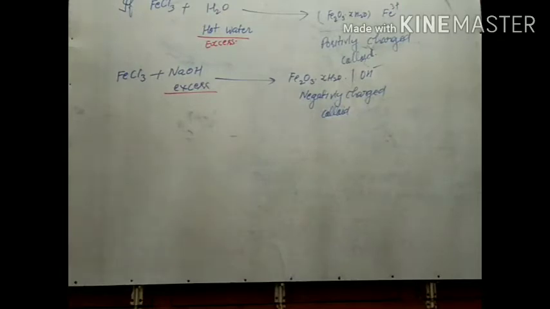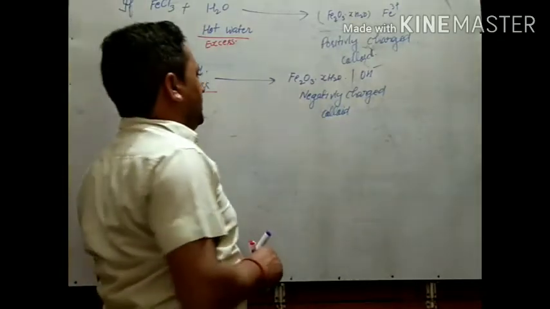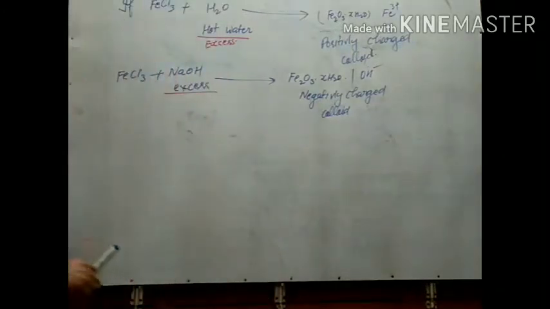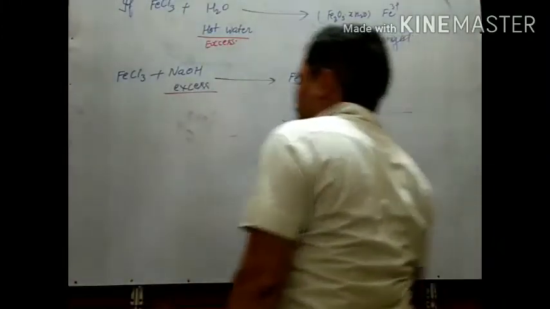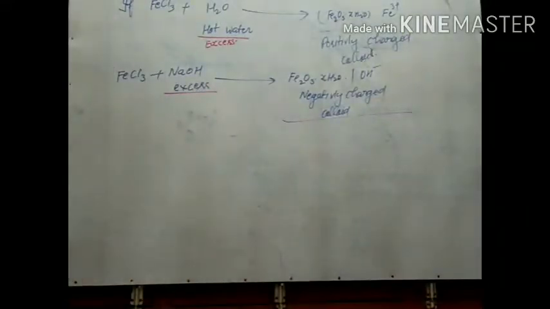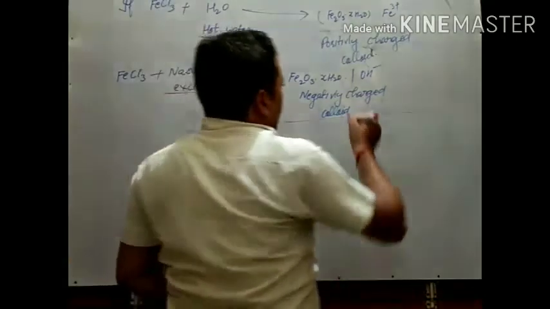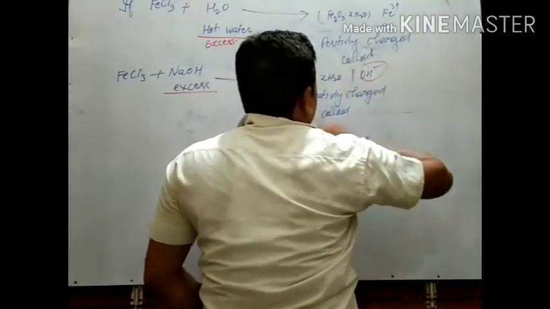Our blood is a positively charged colloid. Negatively charged colloids are formed due to adsorption of hydroxyl ions.